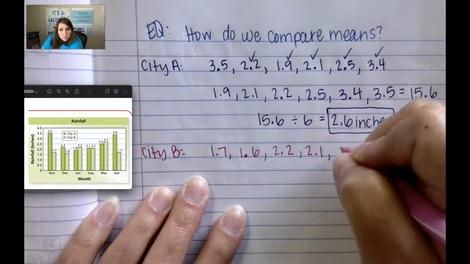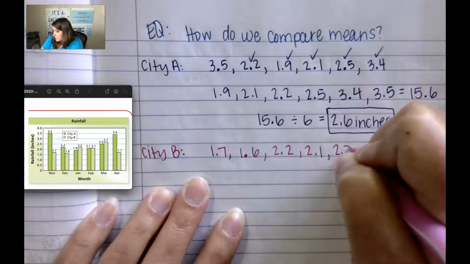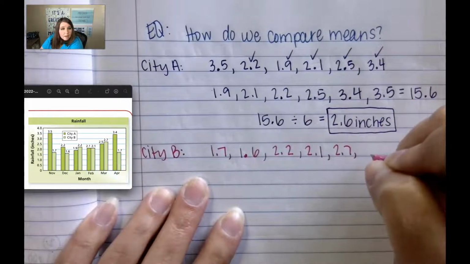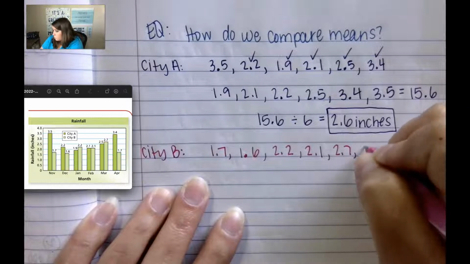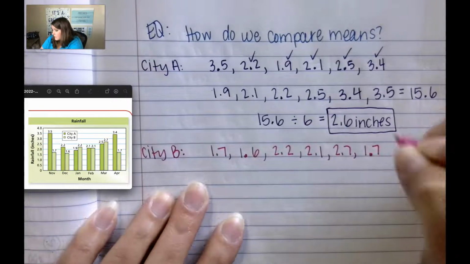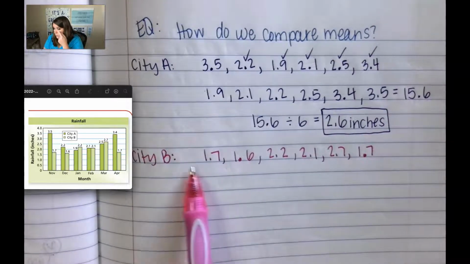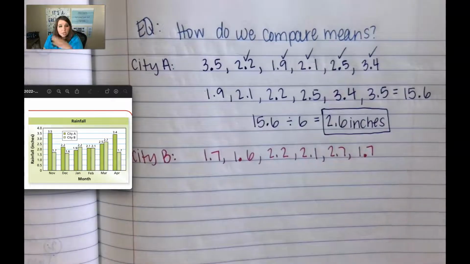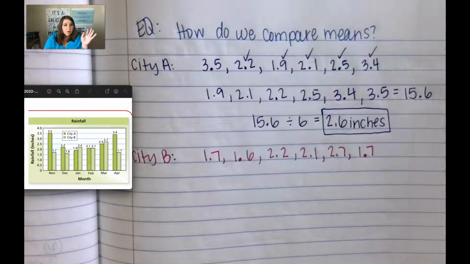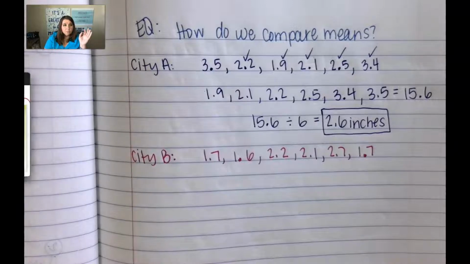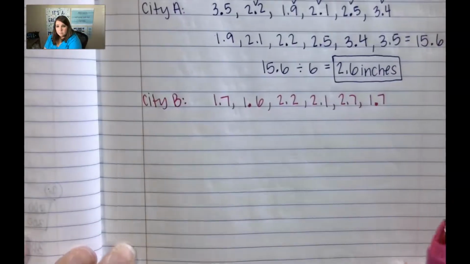Then for March, it was 2 7/10. And for April, it was 1 7/10. Okay, so now our job is to put these in order, just like we did before, from least to greatest. So let's go ahead and do that from least to greatest.